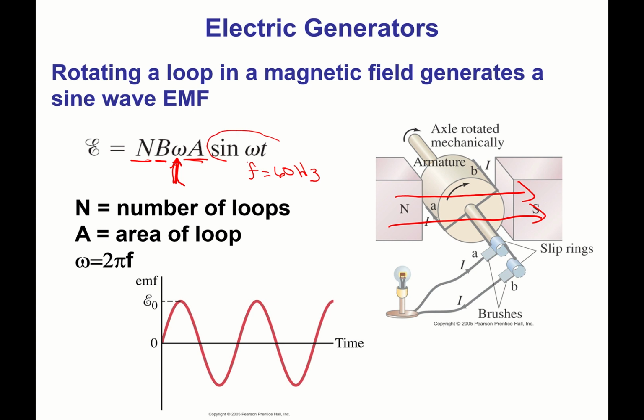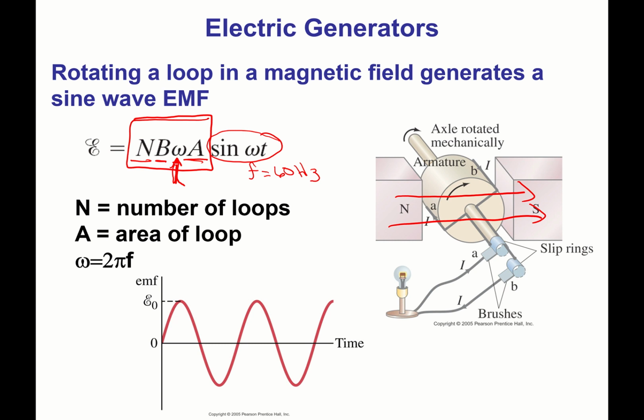And of course, because the loop is rotating constantly, the EMF is changing all the time because the angle's changing, and what we see is a sine function like you see below, where the voltage goes up and down like a sine wave with a maximum magnitude equal to the numbers in front of that sine function, NB omega A.